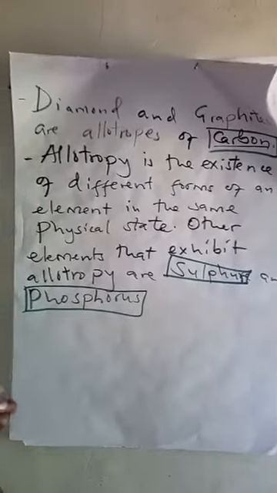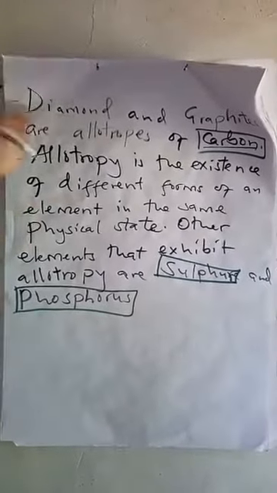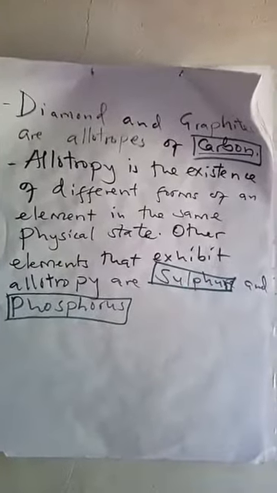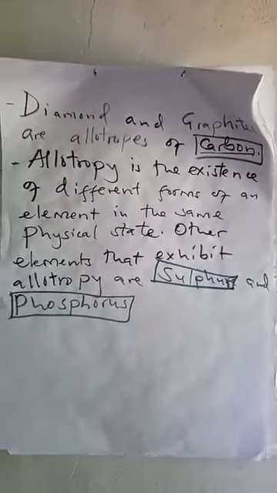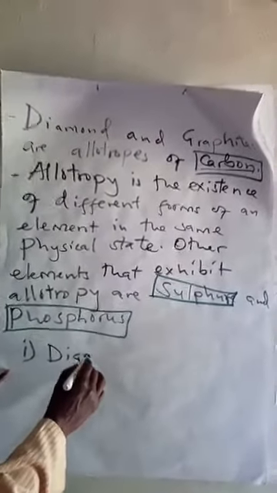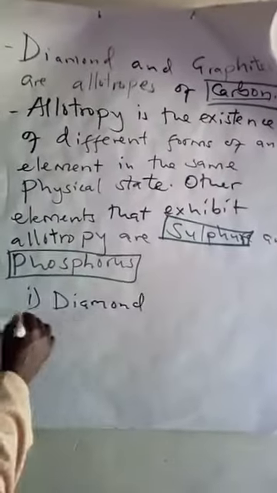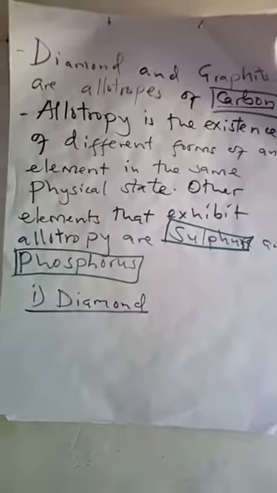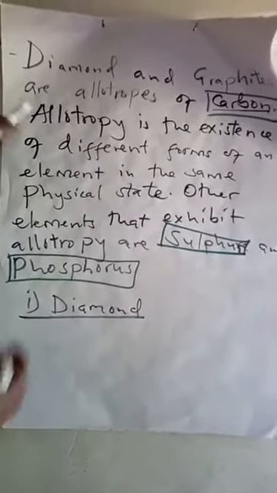So let's continue with diamond and graphite. Diamond and graphite are allotropes of carbon. Maybe we look at each one of them. Let us begin with the diamond. Diamond is one of the allotropes of carbon.